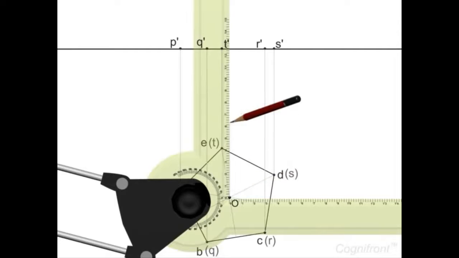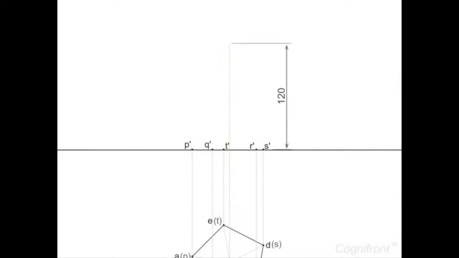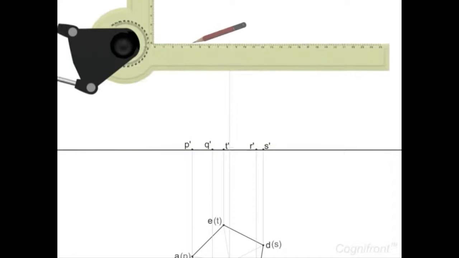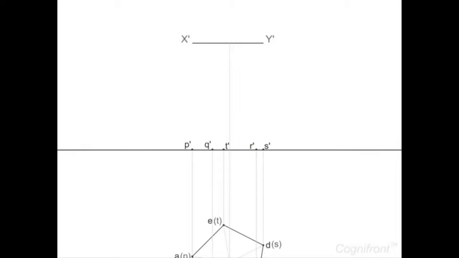Now, extend a projector from the center O long enough to represent the 120 mm height of the prism. Then draw line X dash Y dash parallel to XY at a distance of 120 mm.